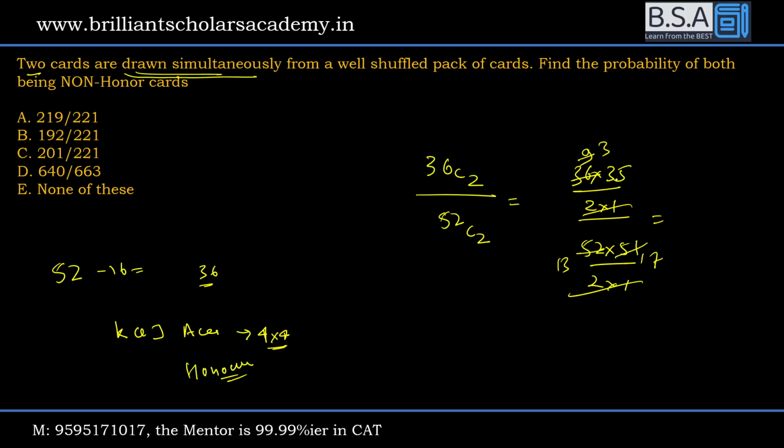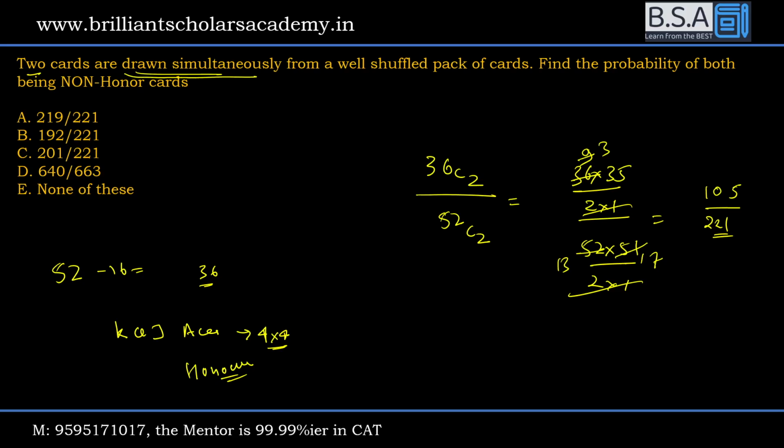So I have 35 into 3, 105, 105 upon 13 into 17. 13 into 17 should be 221. So if you ask me among the options, 221, none of these.